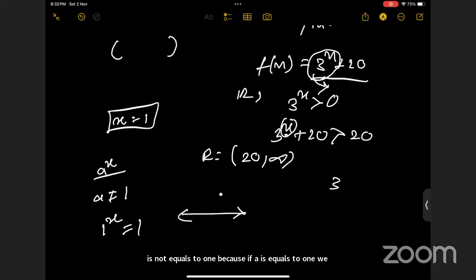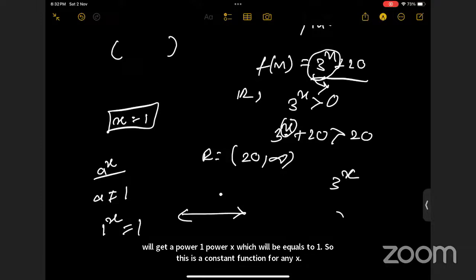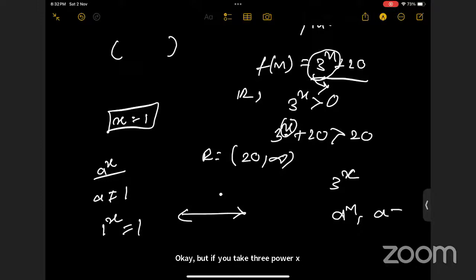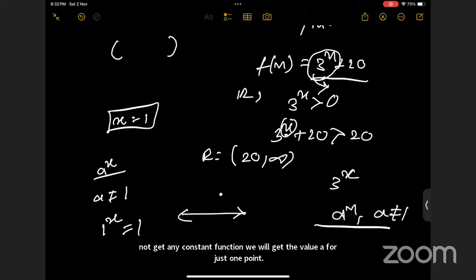But if you take 3 power x or a power x for any a not equal to 1, then we will not get a constant function. We will get the value a for just one point. So this is not a constant function. But if you took 1 instead of a, then it will be a constant function. Instead of x, we can take 1.